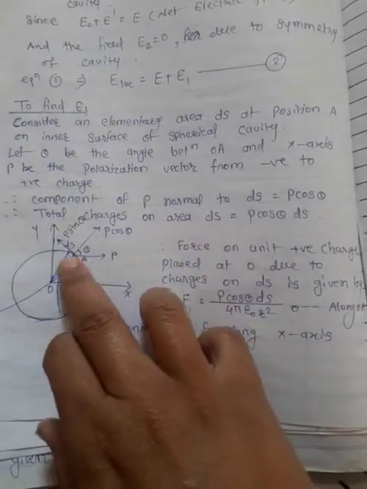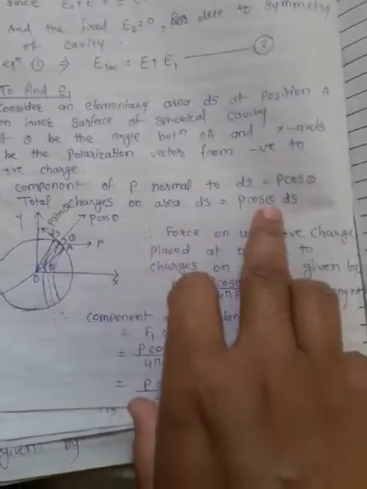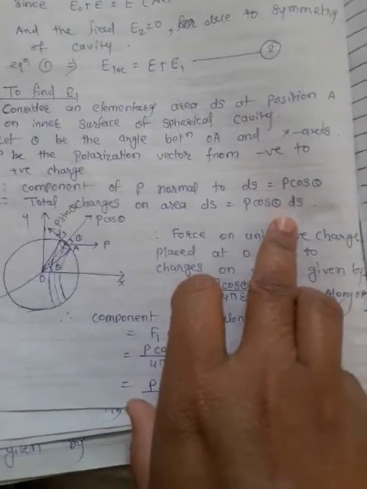Then the total charge on the area ds will be P cos theta ds.